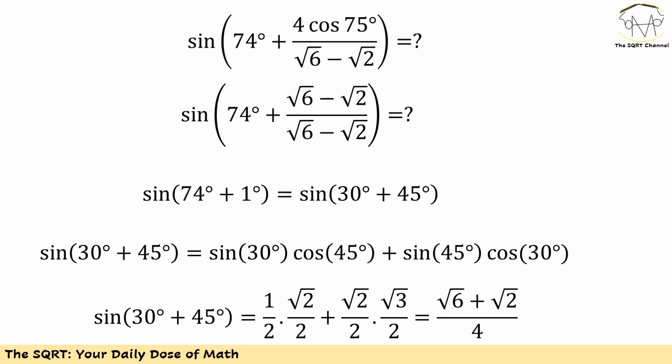Now we already know how to calculate sine of A plus B. We can write it as sine of A cosine of B plus sine of B cosine of A. If we replace A and B with 30 degrees and 45 degrees, and then replace sine of 30 degrees with 1 over 2, cosine of 45 degrees and sine of 45 degrees with radical 2 over 2, and finally cosine of 30 degrees with radical 3 over 2, and then do some simplification, we are going to end up with radical 6 plus radical 2 over 4 as the final answer.